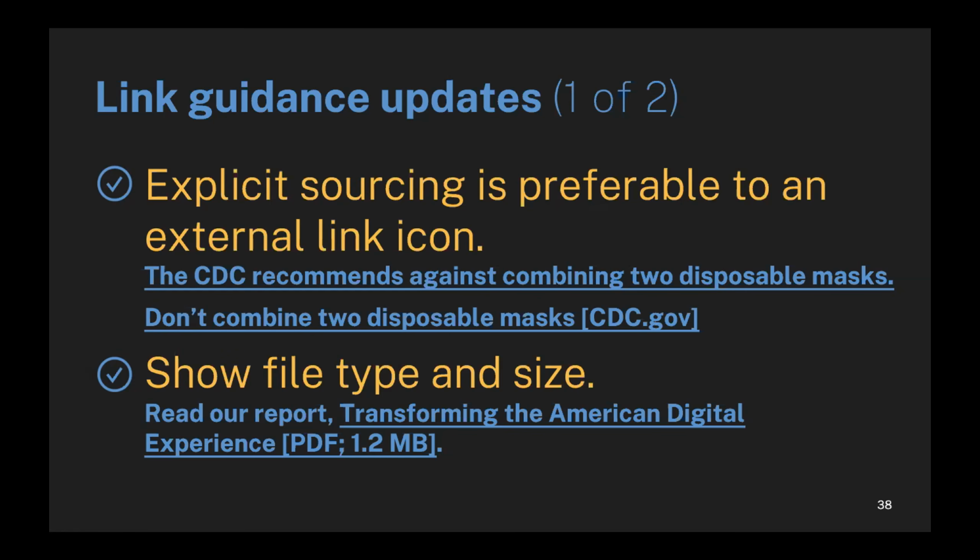Either include the destination directly in the content, like the CDC recommends against combining two disposable masks. It's clear that that link is a CDC link. Or append the destination domain after the link using square brackets, like don't combine two disposable masks, square brackets, cdc.gov.